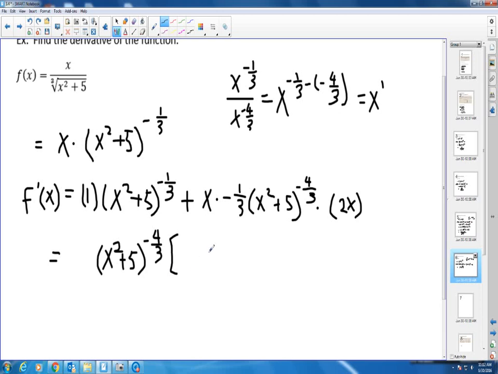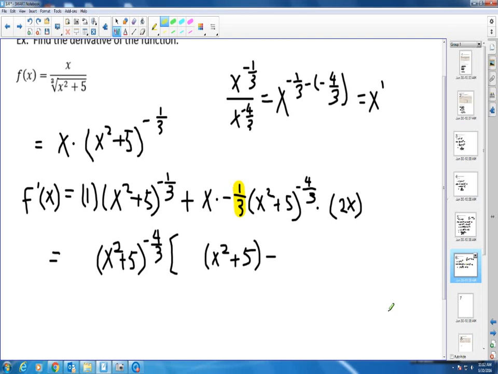Alright, so that means I will have x squared plus 5 to the first power. Now minus, this plus sign becomes minus. Now I'll come to the iffy part, this 1/3 here.